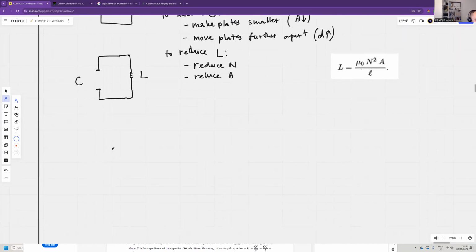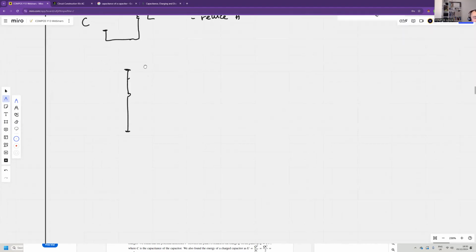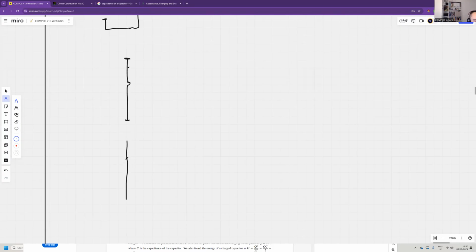Okay. Let's carry on. Why not move them even further apart? Why not move the plates like this? And then why not make them even smaller and then remove the loops altogether?